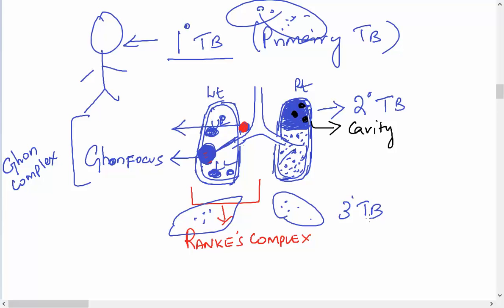Then if the immunity becomes severely low, they will go to dissemination and spread within the lung. It is called local tertiary tuberculosis or local miliary tuberculosis. Or it goes to the systemic circulation and enters all parts of the organs and seeds there as multiple small spots.